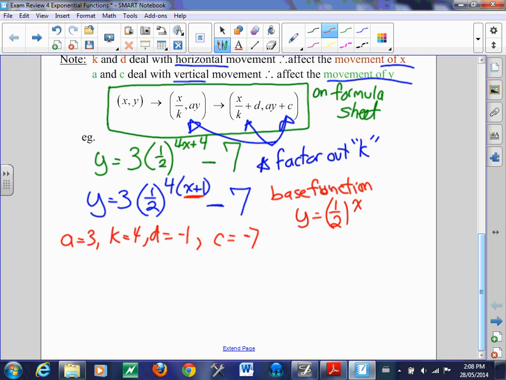So from that, ladies and gentlemen, you could either map it or describe the transformations, depending on what the question says. So now that you've identified A, K, D, and C, you can either map it, make sure you know how to do that using that sequence, or I could ask you to describe transformations based on each of those letters.